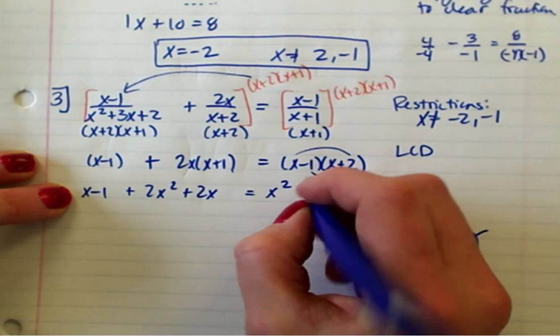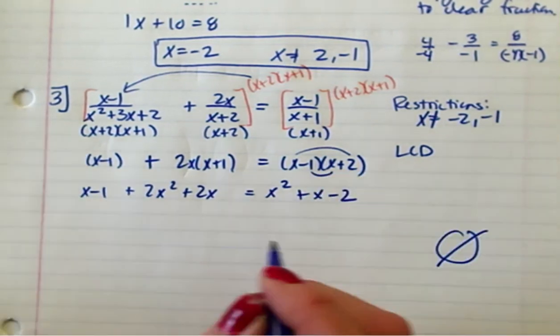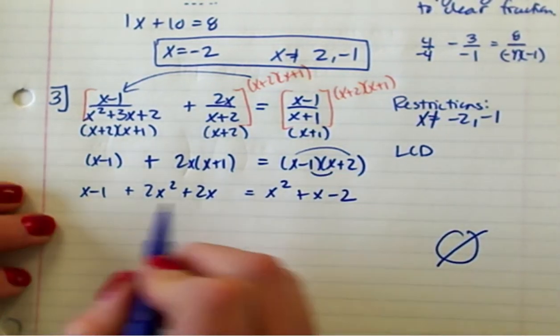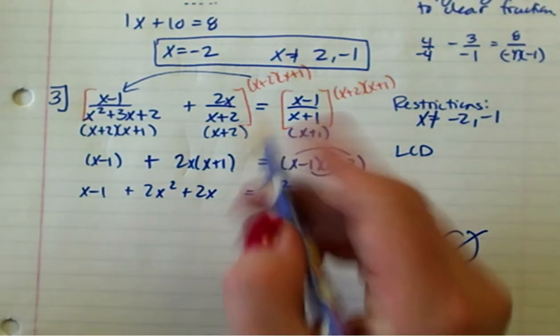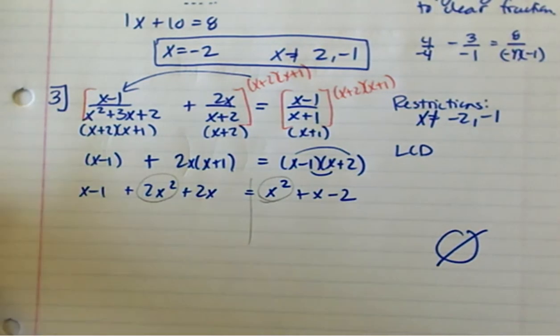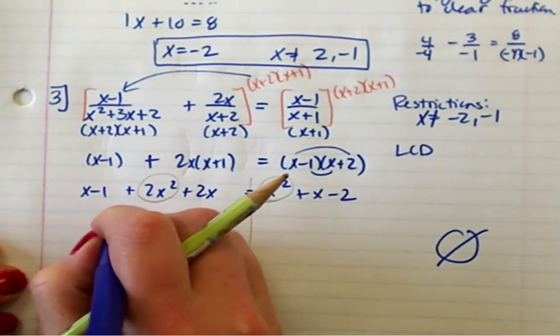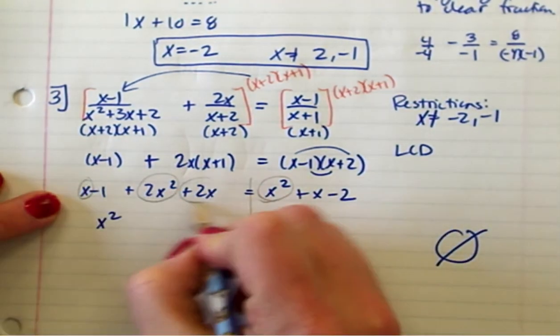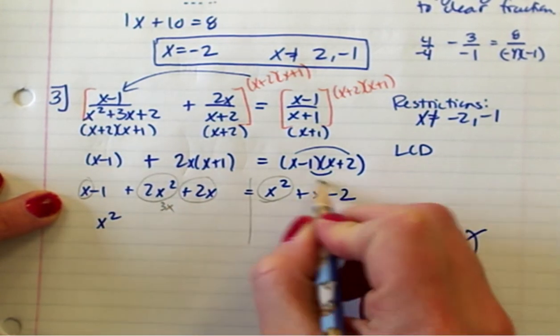First, outer, inner, last. Alright, and now I got to combine all my like terms. I'm going to draw a line down my equals. So I get x squared, so I get 3x.